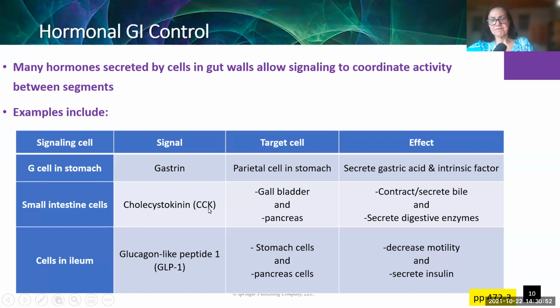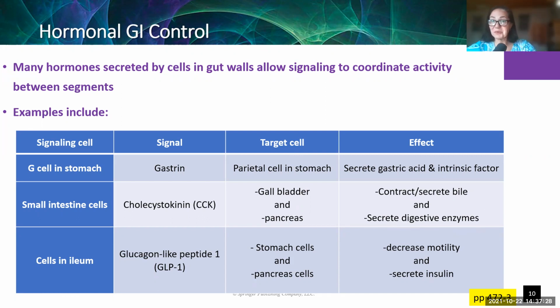So CCK, the target cells, the cells that have receptors for this signal, are in the gallbladder and in the pancreas. What are they going to do? Well, the gallbladder is going to start contracting to push out some of the bile into the small intestine. And the pancreas is going to do a similar thing. It's going to secrete some digestive enzymes. These haven't been activated yet, but they'll get activated once they get into the small intestine.